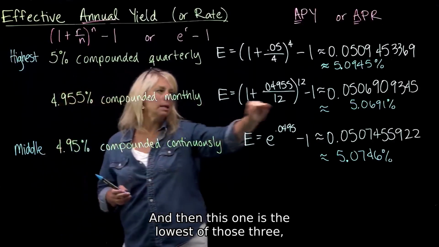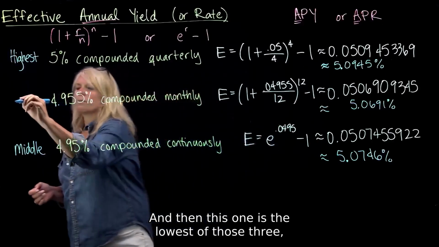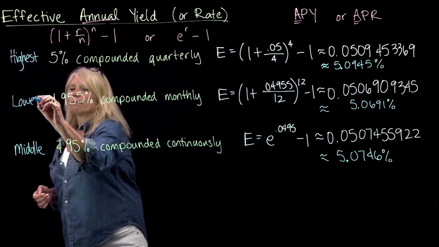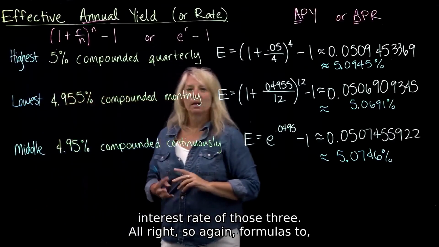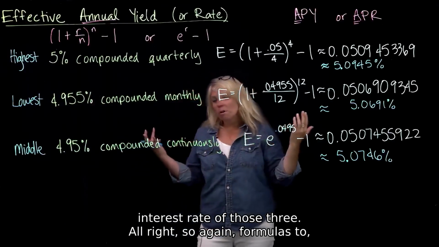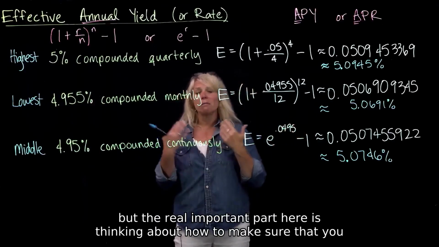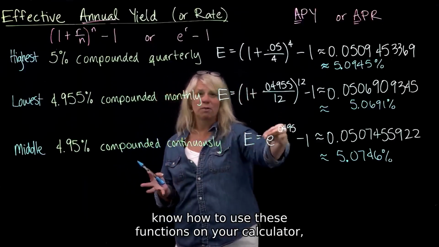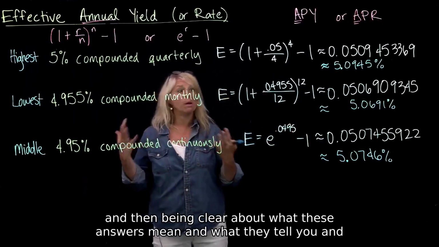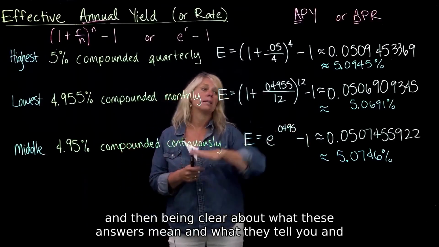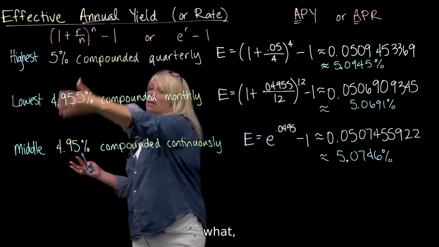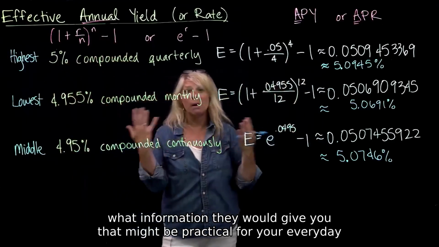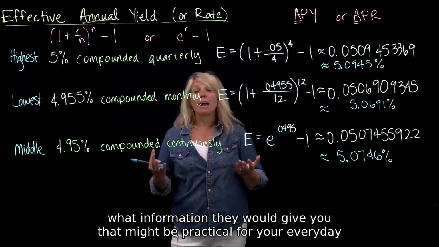And then this one is the lowest interest rate of those three. All right, so again, formulas to memorize, but the real important part here is making sure you know how to use these functions on your calculator, and being clear about what these answers mean and what information they would give you that might be practical for your everyday life.